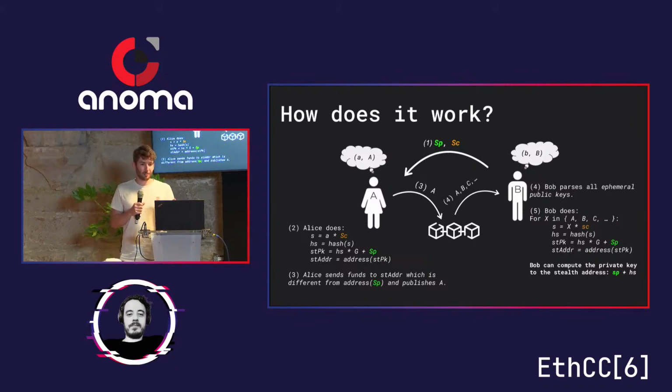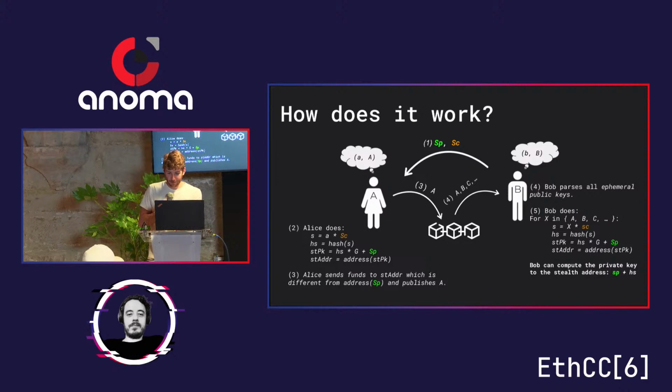So what we get by equipping Bob with two key pairs is the feature that Bob can give away his scanning private key while still remaining in full control of his actual funds on the stealth address. Some of you might be reminded of the CryptoNote white paper from 2013, which proposed essentially that for stealth addresses. So just equipping the recipient with two key pairs allows us to outsource the parsing.